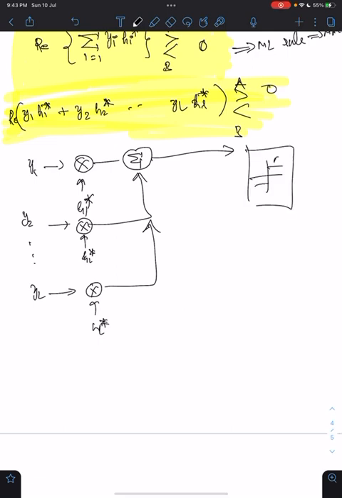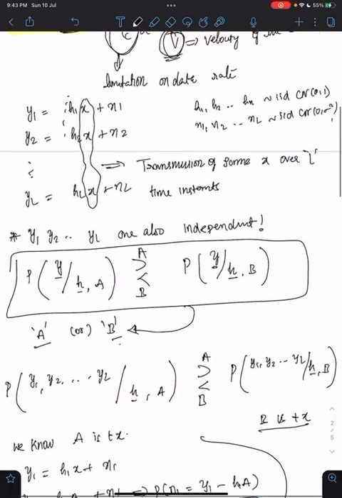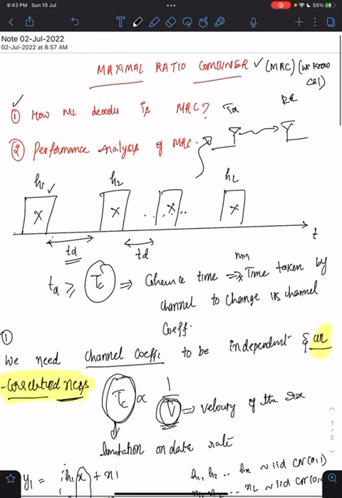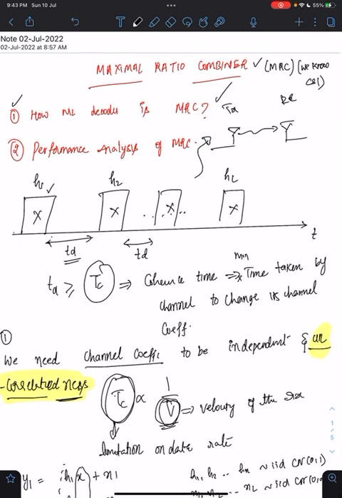If it's greater than 0, it is A. If it is less than 0, it is B. So that is the output of MRC. All right, we're done with the first part of the video, which is the ML decoder for MRC, and we have proven that MRC is nothing but the ML decoder.